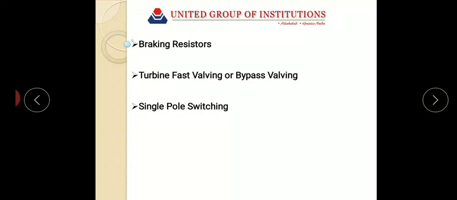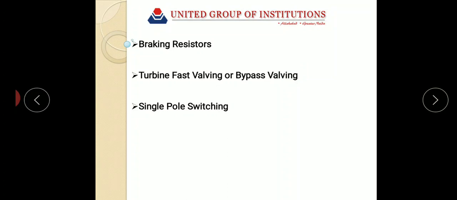Okay, next point is the turbine fast valving or bypass valving. In the event of a fault, the generator output is reduced, resulting in a high accelerating power. If the mechanical input power to the turbine could be momentarily reduced, the acceleration could be reduced.